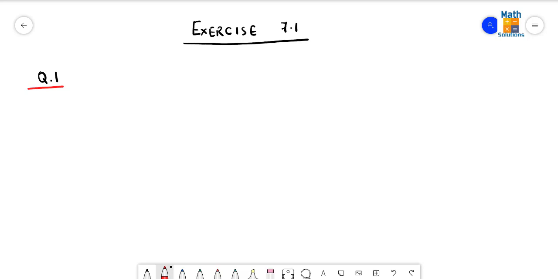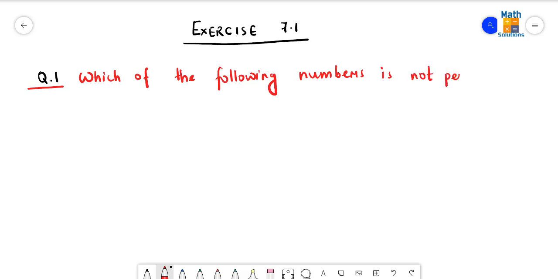Which of the following numbers is not a perfect cube? So there are 5 numbers given here. I shall pick up 3 numbers out of this and proceed.